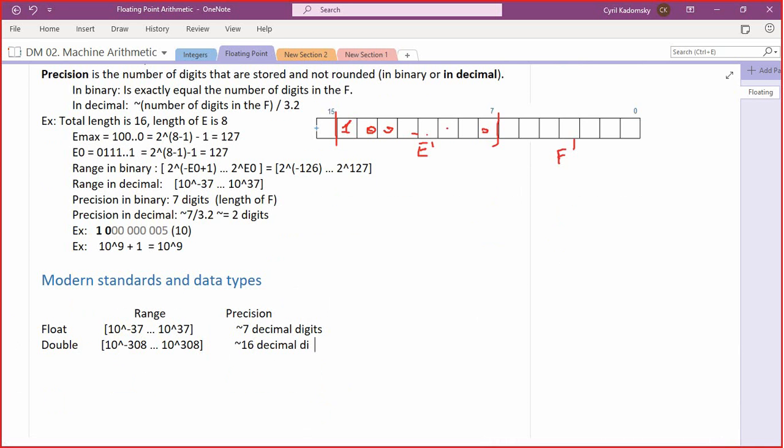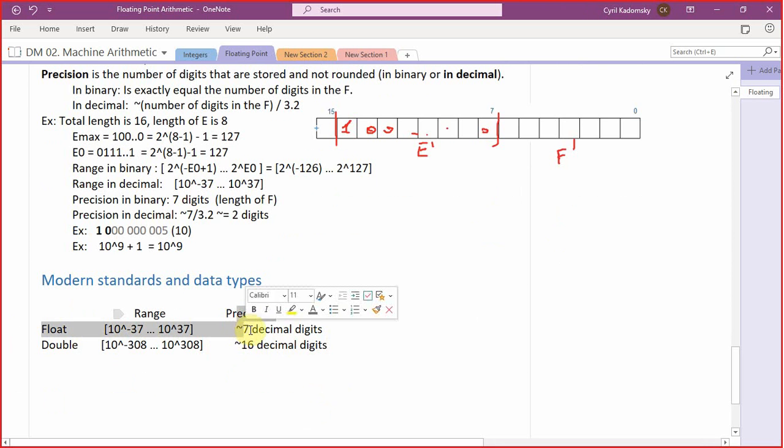Why approximately? Because one decimal digit is not exactly a whole number of binary digits, so the last of these 16 digits will be rounded, and the last of these 7 digits will be rounded. Okay, and one more thing.